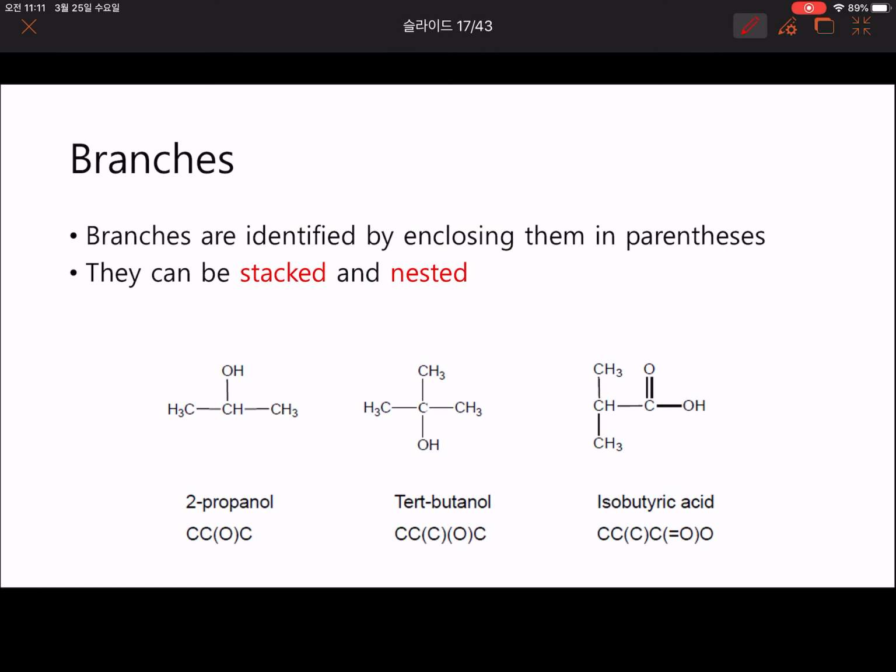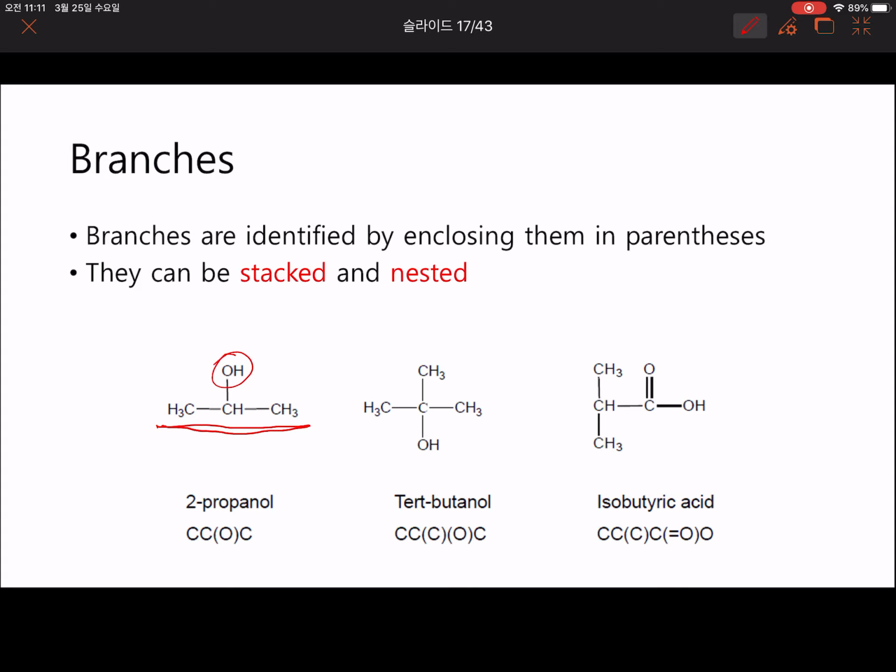Another interesting point is that SMILES representation can represent branches. As you must have learned in organic chemistry class, organic molecules usually have branches. If you look at 2-propanol, propane is a chain molecule, but 2-propanol has an OH group at carbon number 2, right?